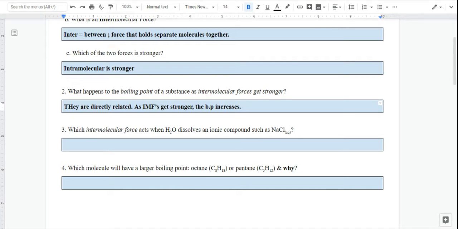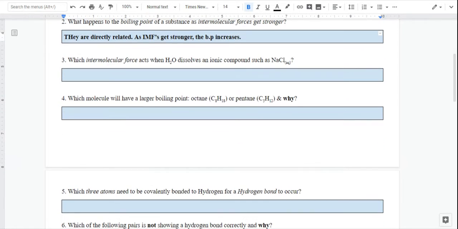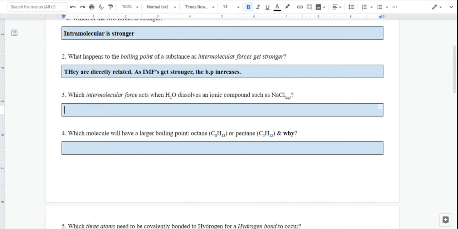And if those forces get stronger, the boiling point goes up. So something like ammonia, instead of boiling at 100, it only boils at like 70, indicating its intermolecular forces are weaker. What kind of intermolecular force do you have with water when it's dissolving an ionic compound like table salt?